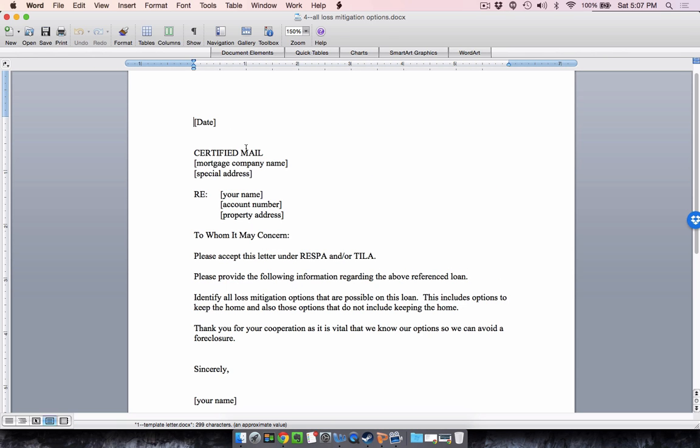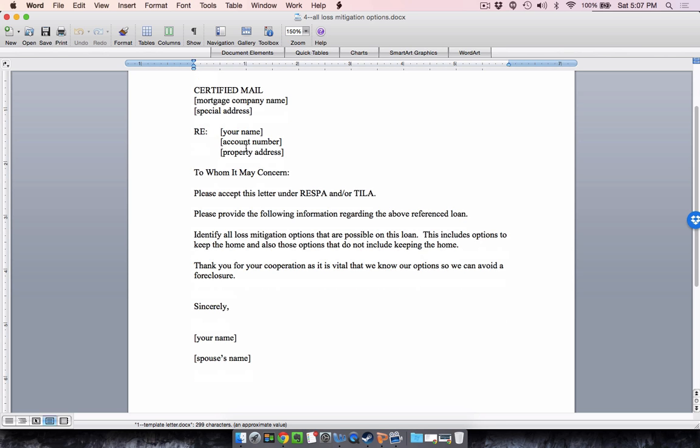So here's another example: all loss mitigation options. This is key, the wording of this. Identify all loss mitigation options that are possible on this loan. Not what have you considered me for, or what have I asked you for, but tell me the universe of loss mitigation options. Now, loss mitigation means anything to avoid a foreclosure.